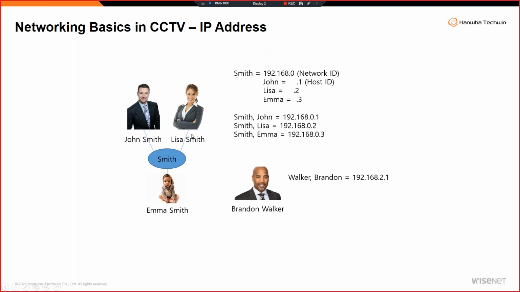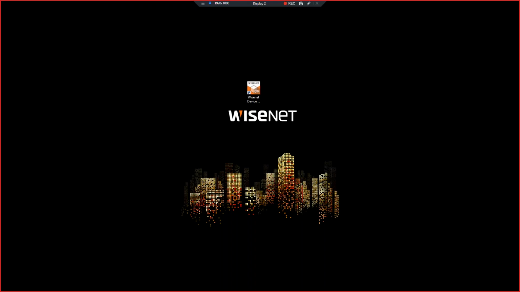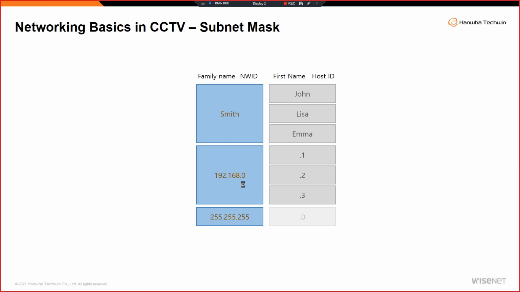That's where subnet mask comes into the picture. Okay, so subnet mask, when you put 255.255.255, that means the first three sections or octets belong to the family name or network ID.